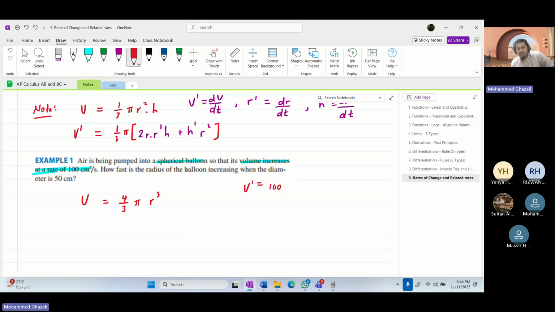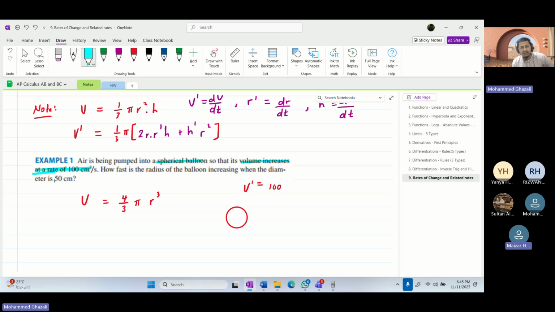How fast is the radius of the balloon increasing when the diameter is 50? Now, after you differentiate, the last part of the sentence is always used at the end. So let me give you a picture of what's happening here. So you have a balloon. We can calculate the volume. No, we want the rates, as they said. That's why it's called related rates. Diameter is 50. That means the radius is 25.